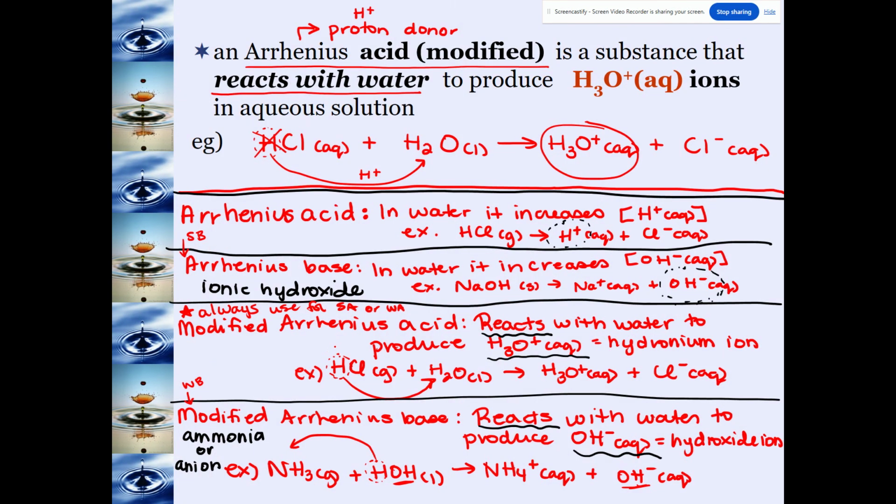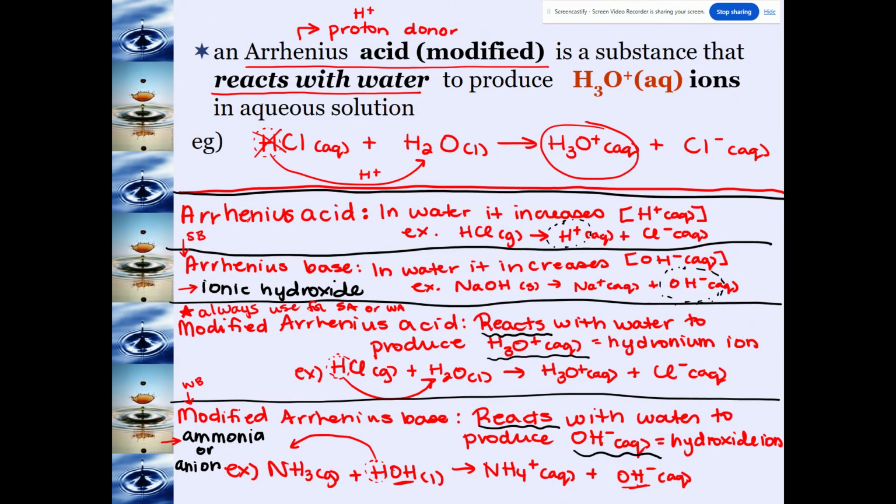So a modified Arrhenius acid produces hydronium ions by donating the hydrogen to the water, and the modified Arrhenius base produces hydroxide ions by accepting the hydrogen from water, leaving water as hydroxide. Again, original Arrhenius bases are always ionic hydroxides. Modified Arrhenius bases are ammonia or anions.